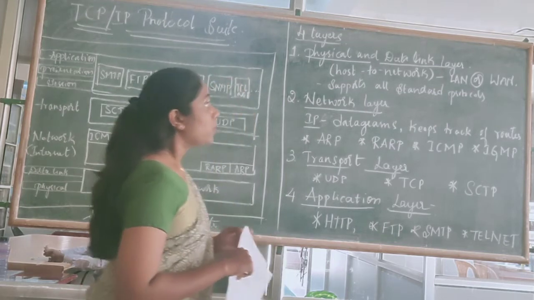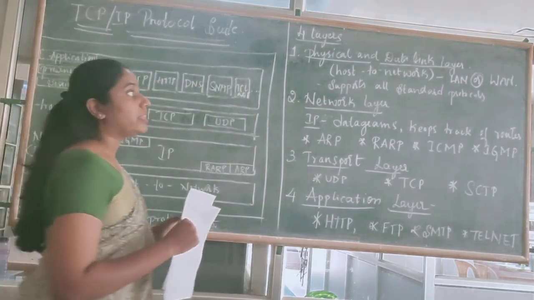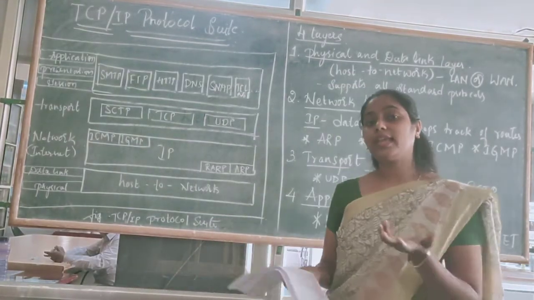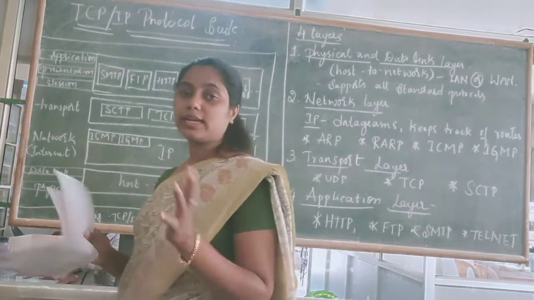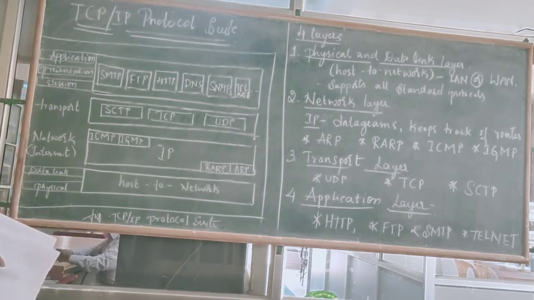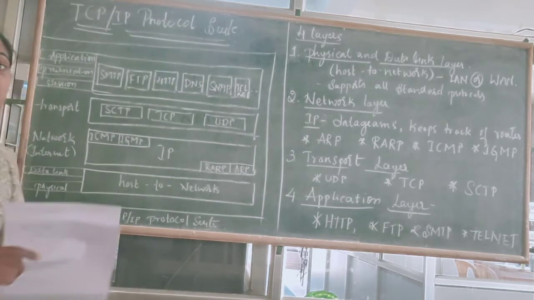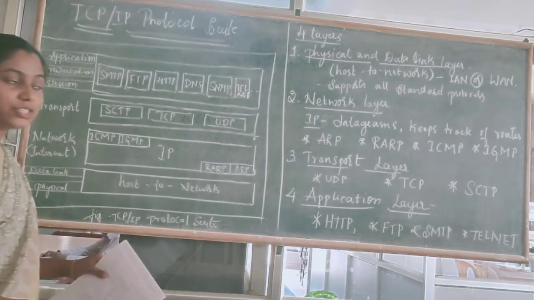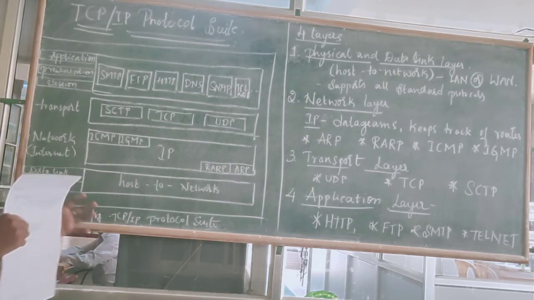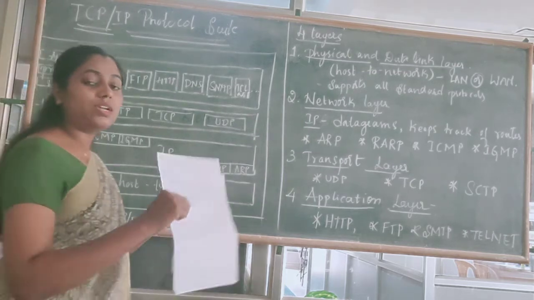Okay, so when I say host to network layer, the term network can be LAN or WAN, or it can be both. Okay, so what happens in physical and data link layer, same as in OSI model, it supports all standard protocols for the data transfer, and it creates a link for the data to be transferred from the sender to the receiver.